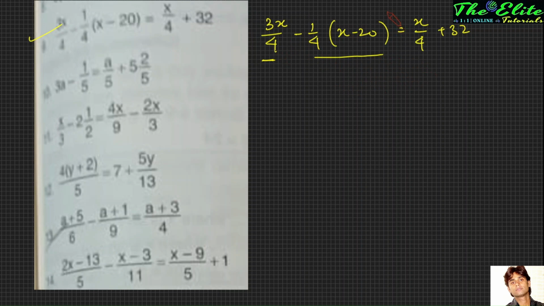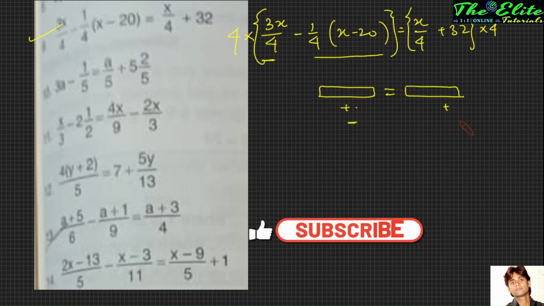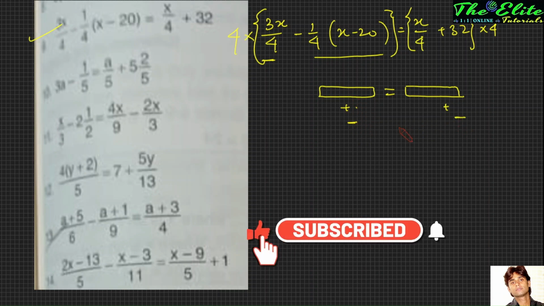It means the whole left hand side is going to get multiplied by 4, and the whole right hand side will also get multiplied by 4, because in an equation, whatever we do with the left hand side part, we have to do the same to the right hand side part. If we add something here, we have to add the same thing on the right side. If we subtract something from the left hand side, we have to subtract the same thing from the right hand side.